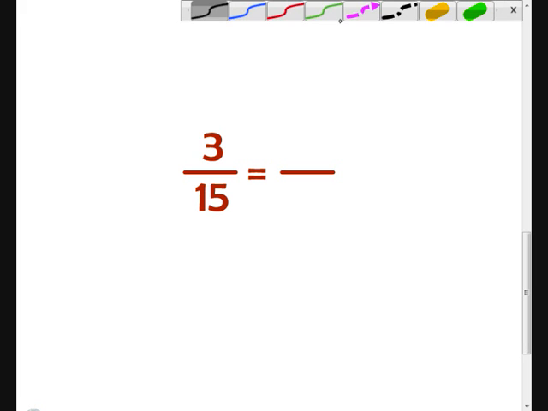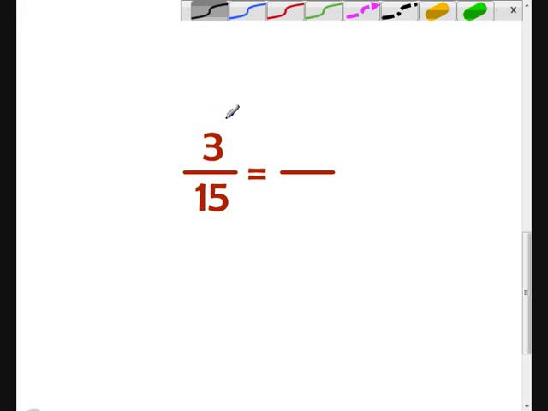Here we've got 3/15, and I want to turn it into an equivalent fraction. Well, I'm going to start out by trying to make it simple, because a simplified fraction is so much easier to understand. So to simplify this fraction, I'm going to look at the 3 and the 15, and think of what number can be evenly divided into both of them without actually going over.